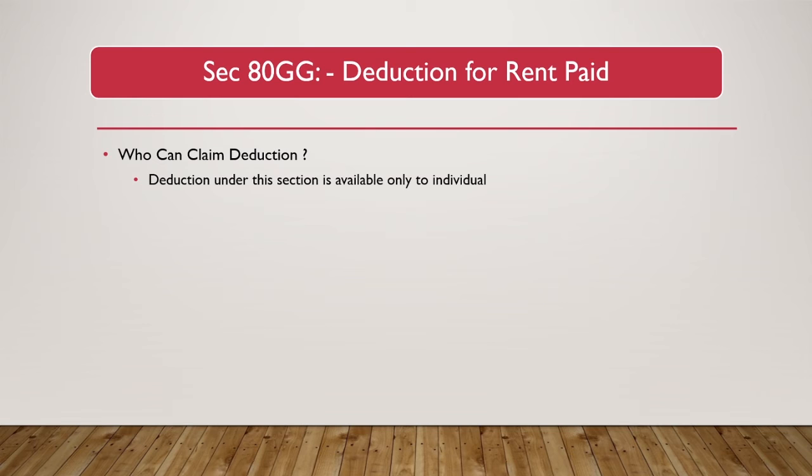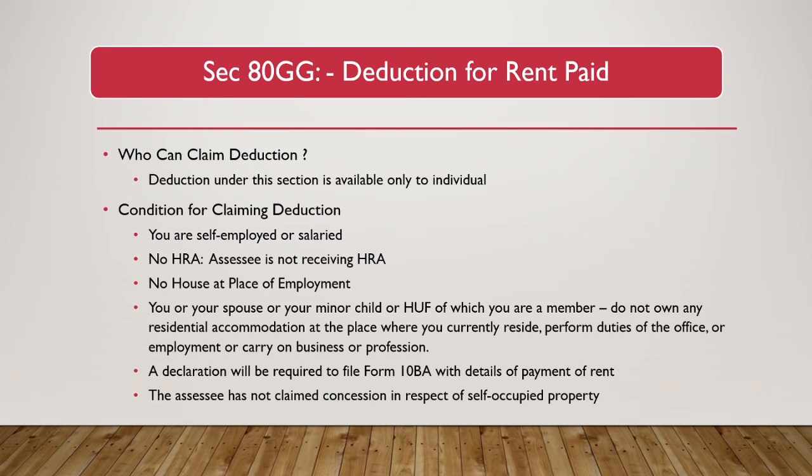No other SSC can claim this deduction. But friends, there are certain conditions for claiming this deduction. SSC shall not have any self-occupied property in the area in which he is residing in rented accommodation. SSC shall be self-employed or salaried. He shall not receive any house rent allowance.